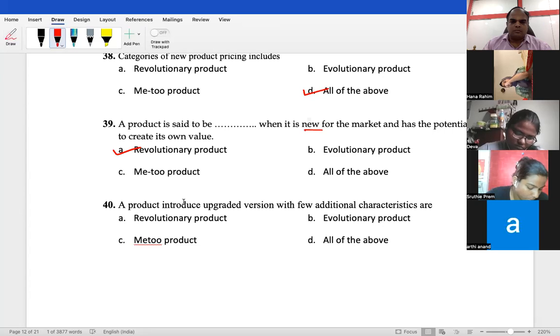A product introduced as an upgraded version with a few additional characteristics is A, revolutionary, B, evolutionary, C, me too, D, all of the above. Evolutionary.